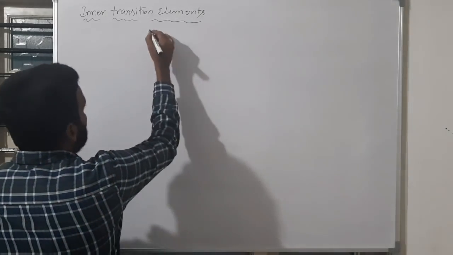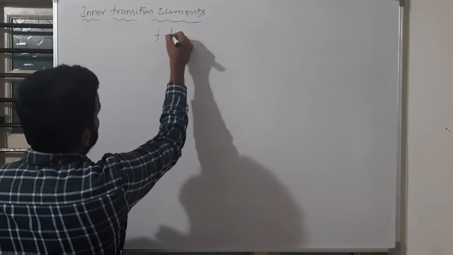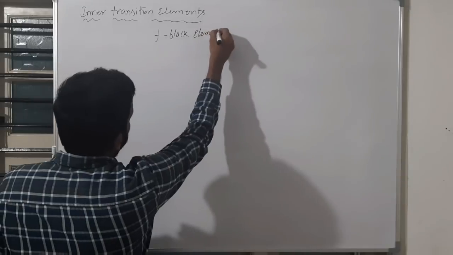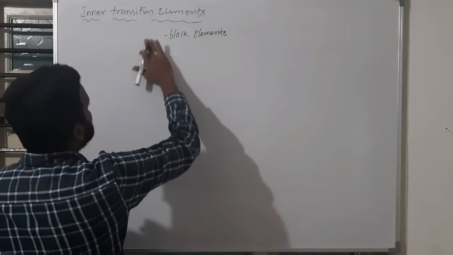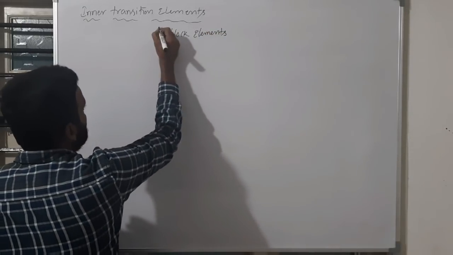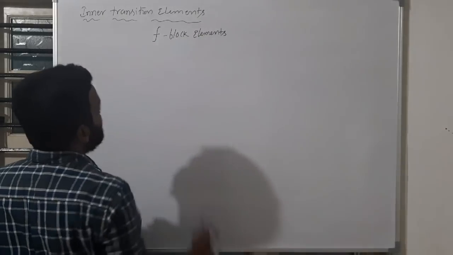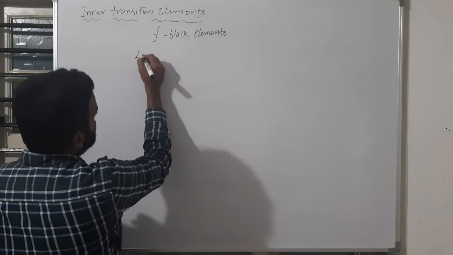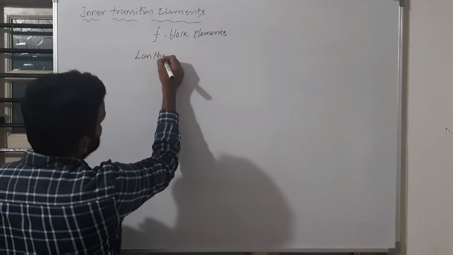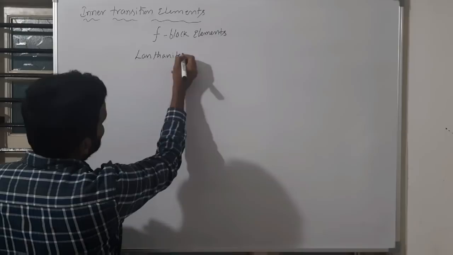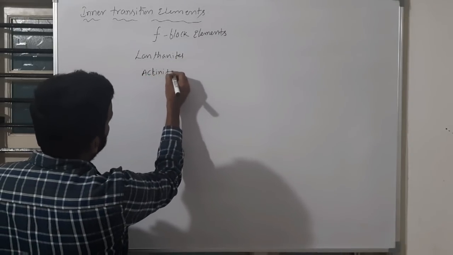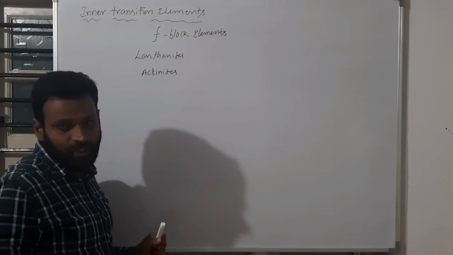F block elements are called inner transition elements. F block elements means both lanthanides and actinides will come as inner transition elements.